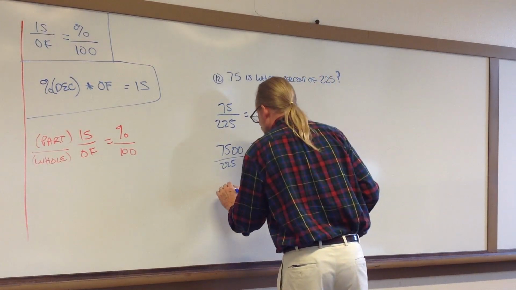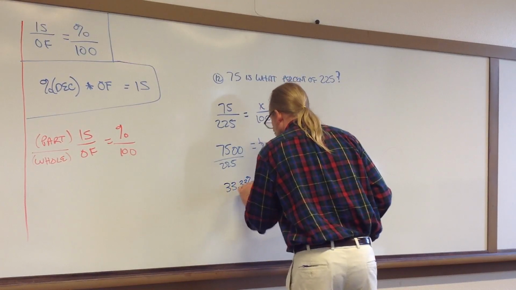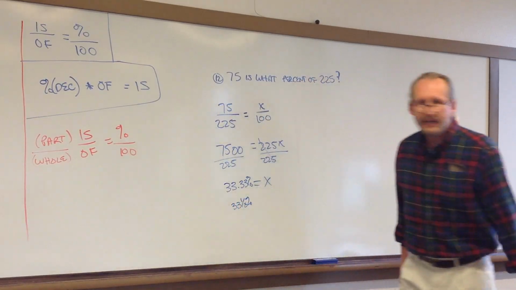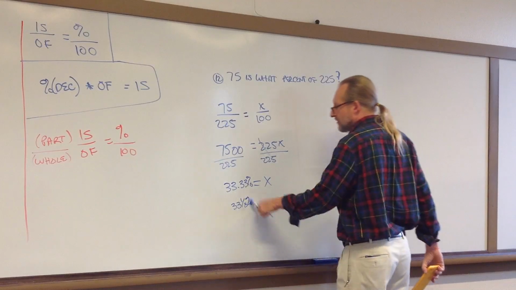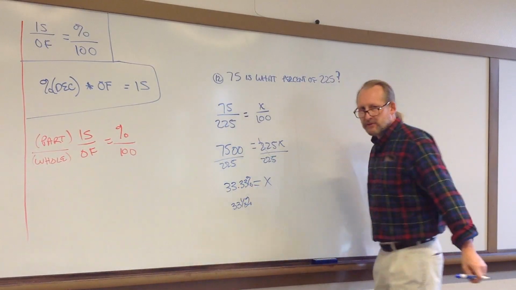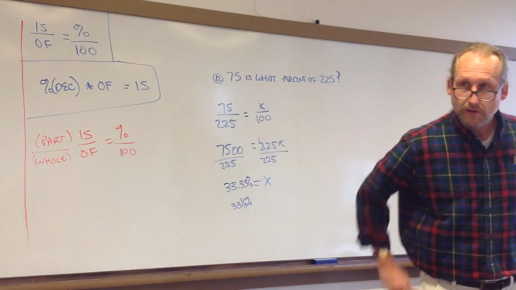So this is 33 1/3. If you get comfortable with that, you can call it 33 1/3%. If you are scared of fractions or just don't like fractions, that's all right for now. You can just round it off and call it 33.33%.